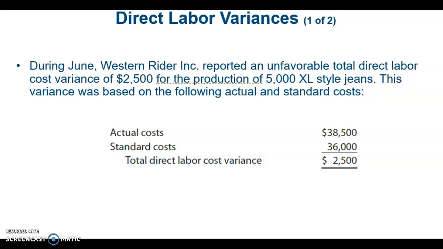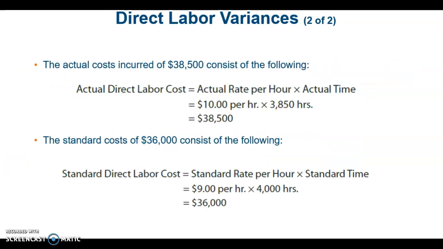We've got direct labor cost variance of 2,500 of 5,000 XL jeans, and it was made up of this difference. So the actual cost incurred of $38.5 was the actual rate times the actual time. That's how we got the $38.5. And our standard cost was the standard rate times the standard time.